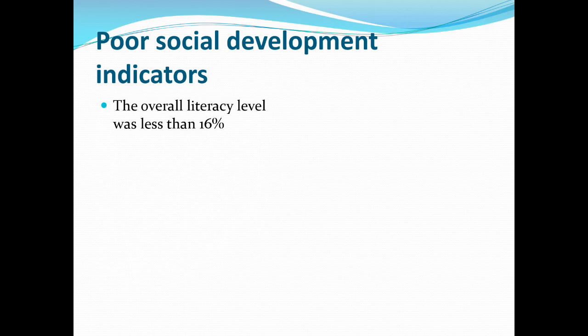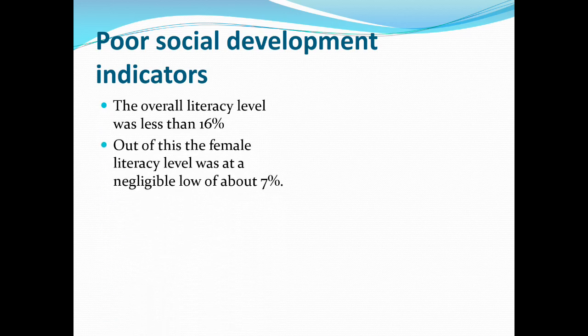The number of educated people is called literacy. Okay, literacy level was less than 16%. Imagine, less than 16%, which cannot be compared to the current situation, isn't it, girls? Only a very, very minute population was able to be educated, which was not at all the right way of economic development. That is why it says poor social development.